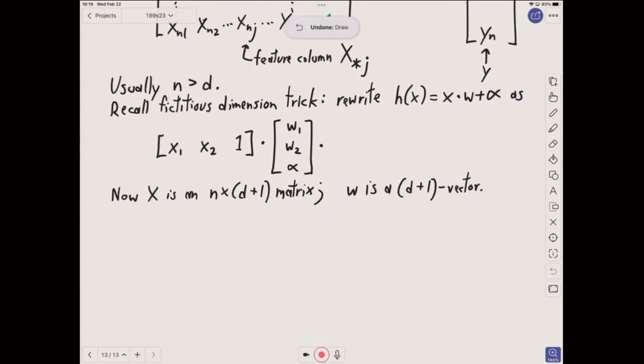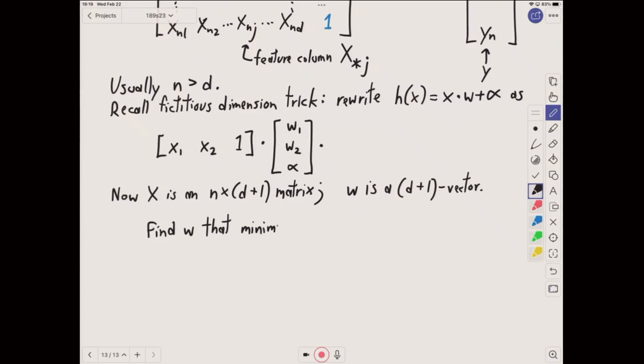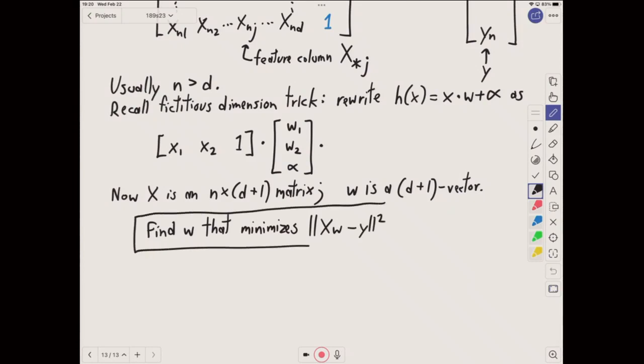But let me be clear that this is exactly the same optimization problem that I already wrote down. I'm just writing it down in a different notation. So this box means exactly the same thing as the last box. But gee, it sure is a lot more concise now.